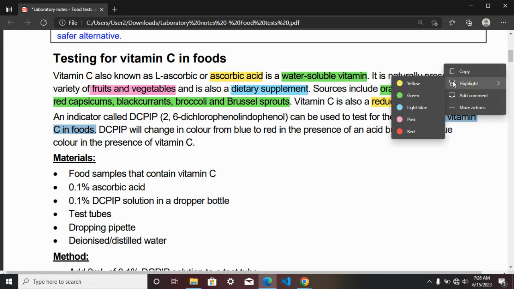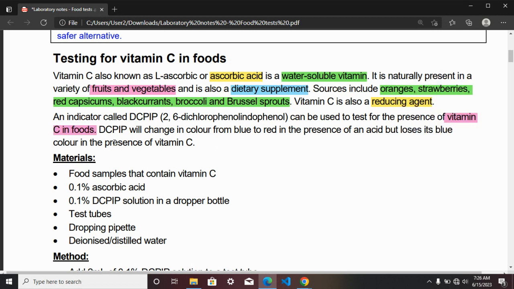If the DCPIP is added to a solution where vitamin C is present, the color will change.